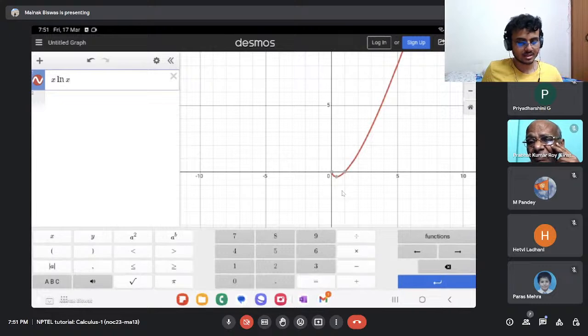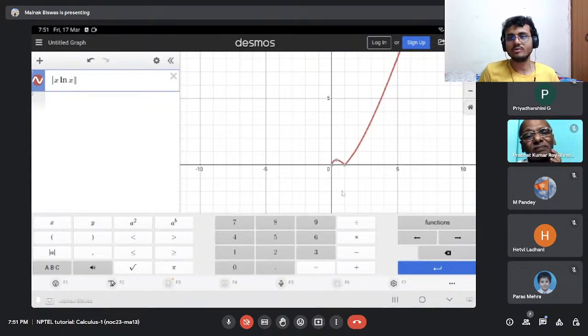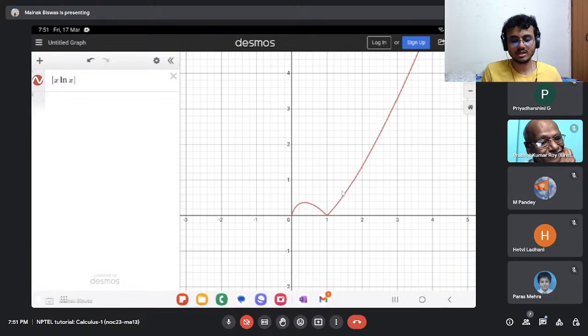When you have critical points, you will have to see these like this. So this is matching with our graph. At 0 it is not defined, after 0 it is matching, right?